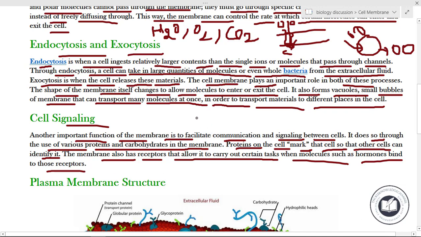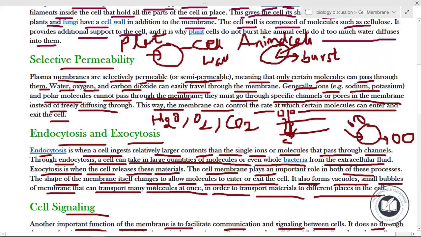So whenever a hormone signal comes, it binds to its receptor and transmits the signal to the particular molecules. So this is about cell signaling.